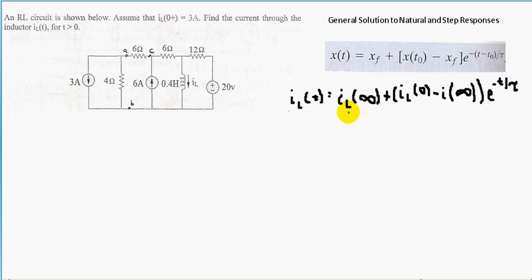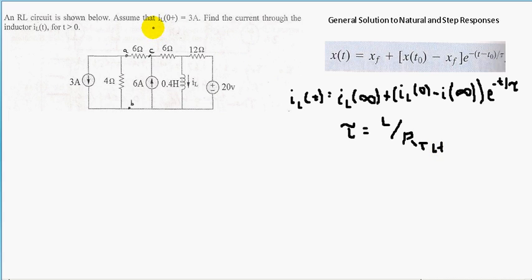So we want to find the final current as time goes to infinity, plus the initial current minus the final current, times e to the minus t over tau. If you recall, in RL circuits, tau, the time constant, is equal to L over R Thevenin.